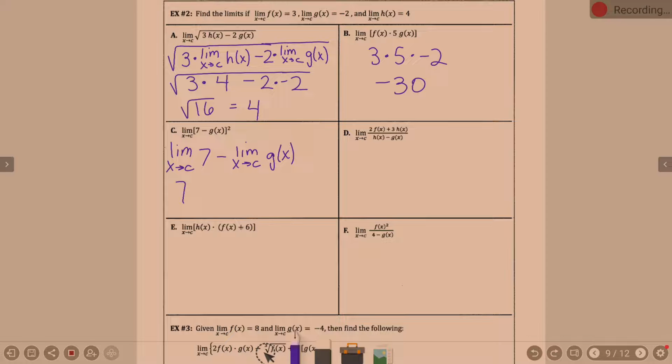What is g of x? The limit of g of x is negative 2. And then what are we doing after we subtract these? We're squaring, yes? So 7 minus negative 2 is 9. And 9 squared is 81.